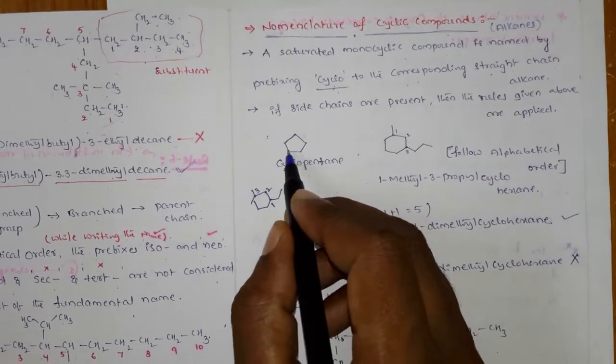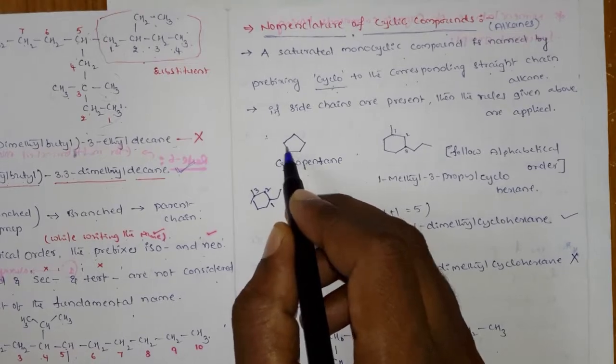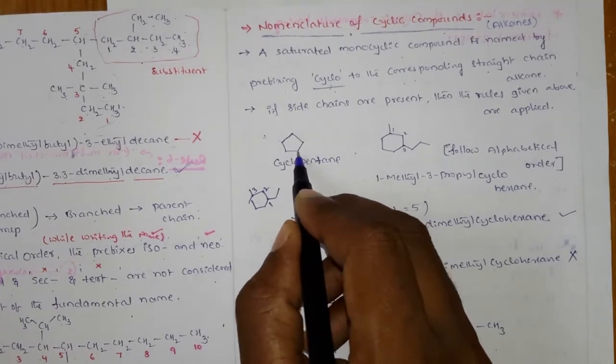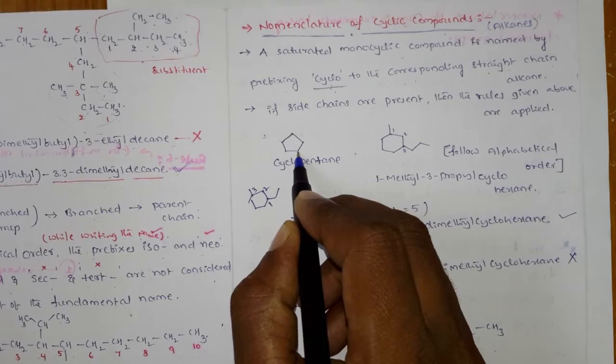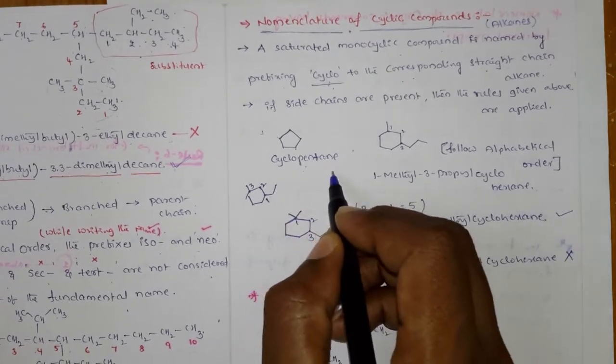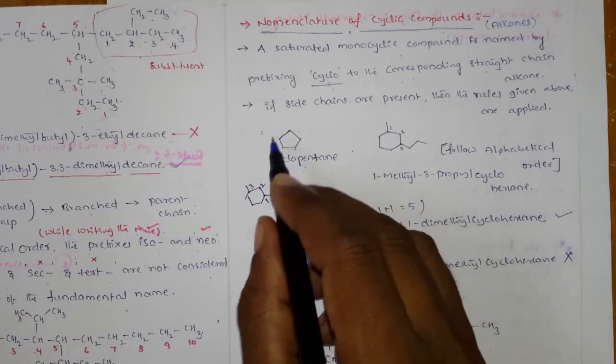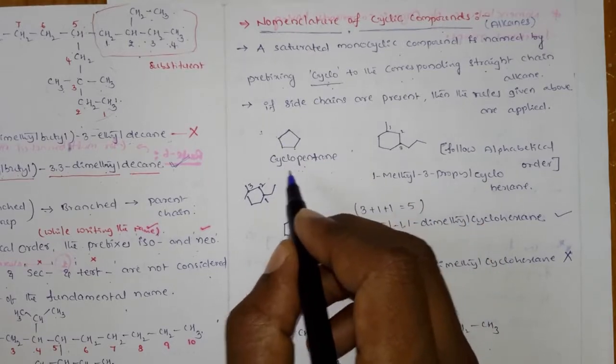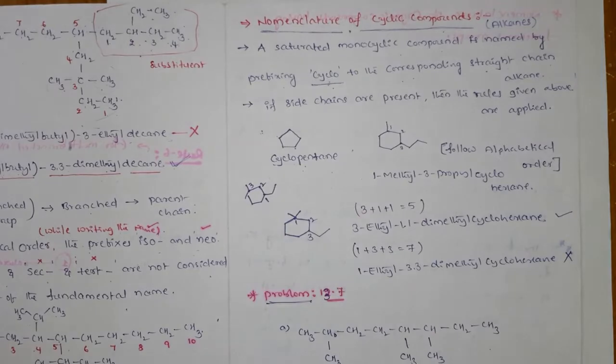How many carbons are there? 1 2 3 4 5, five carbons. If you have a five-carbon straight chain, you give pentane, but here it is cyclic in nature, so you write one more prefix, cyclopentane, okay.